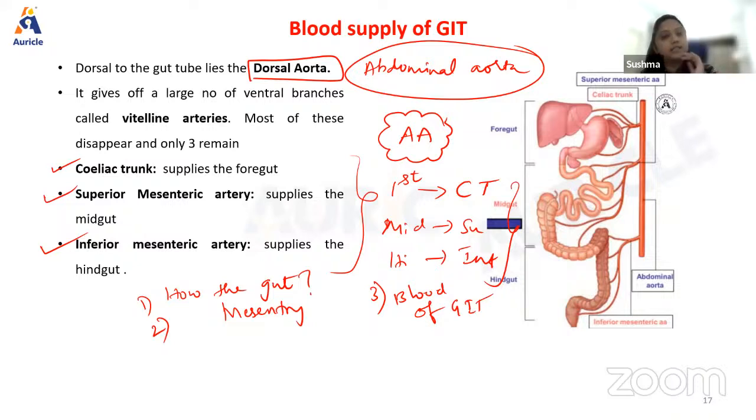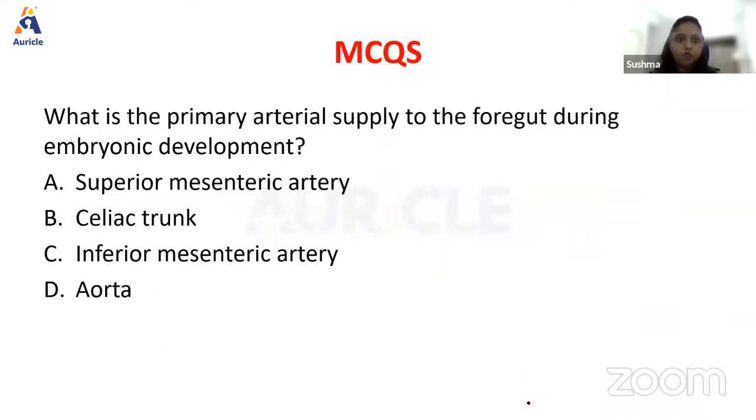Whether in practicals or in your theory examinations, it is for sure asked. And the fourth concept that we learned is derivatives of midgut, hindgut, and foregut. In these derivatives, the extent is also very important. Okay, extent, derivatives, blood supply, mesentery. Four concepts done. Let's go further.